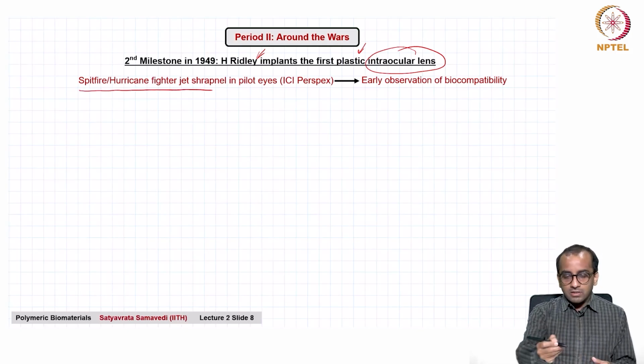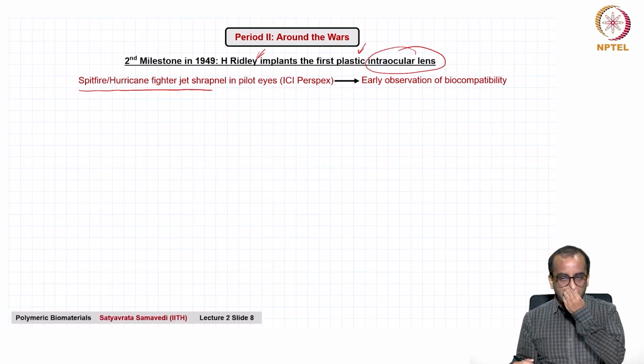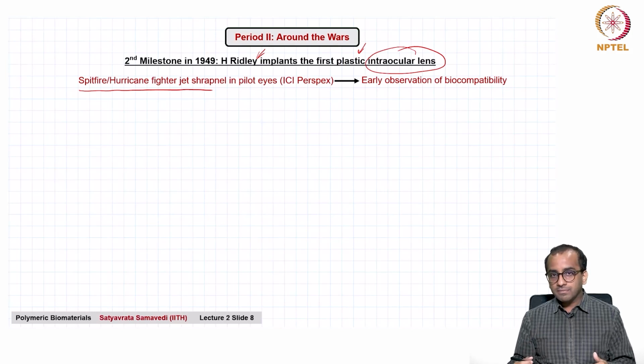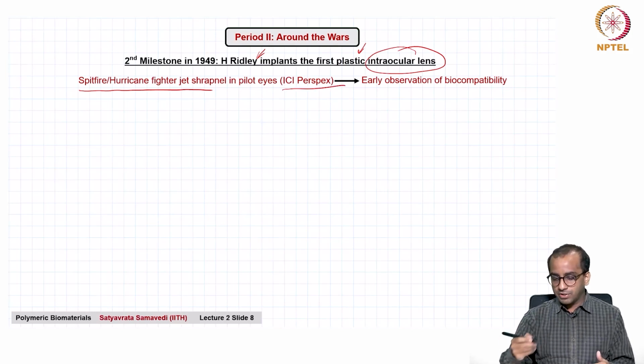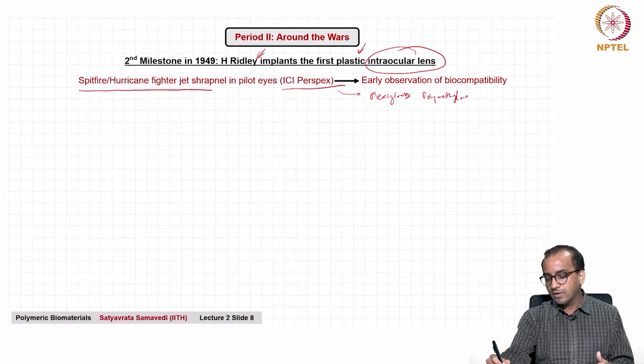So, Ridley, it turns out, was treating pilots who had flown these Spitfire Hurricane fighter jets during the war, and it so happened that the canopies of these jets were made from ICI Perspex, which essentially is plexiglass or polymethyl methacrylate.